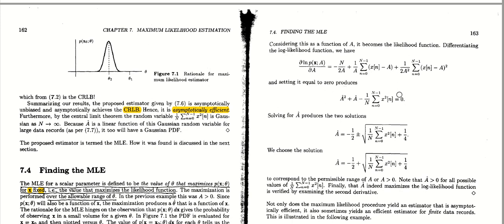Of course, we have done some simplification because it has x and A, so you have to simplify it a bit and set it to 0. You get something like this. And then solving for A hat, it produces two solutions. So solving for A hat, we get A hat equal to this.